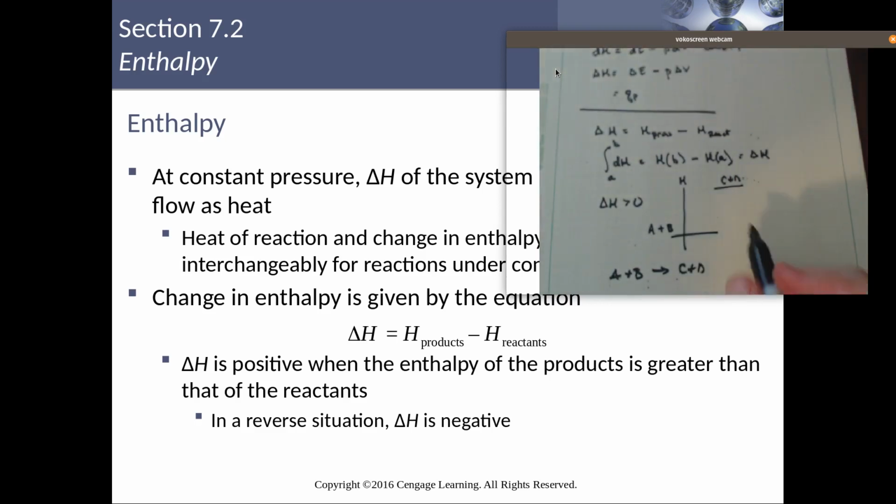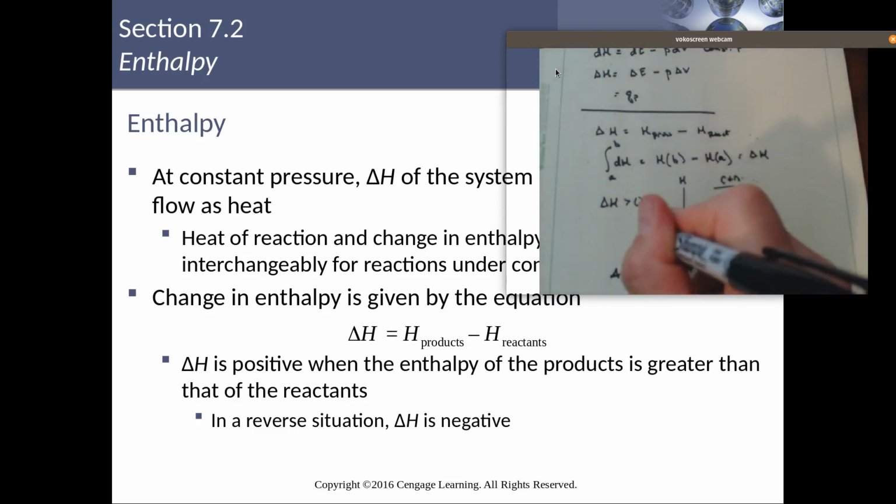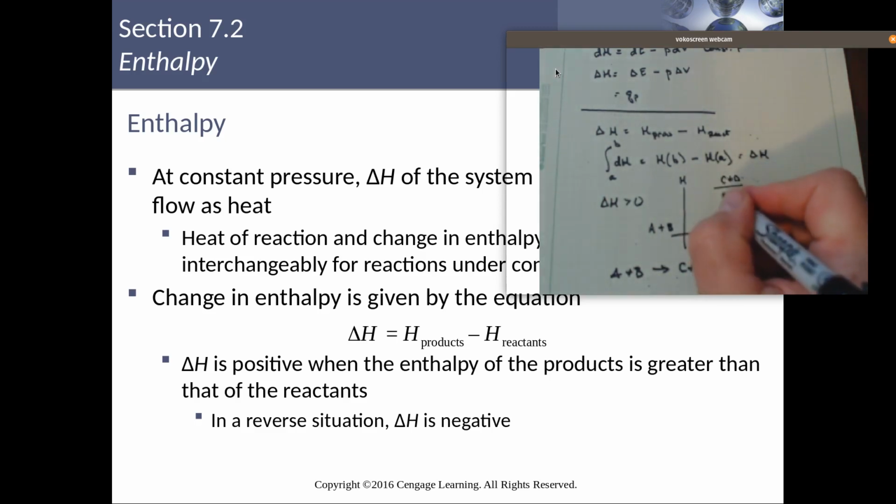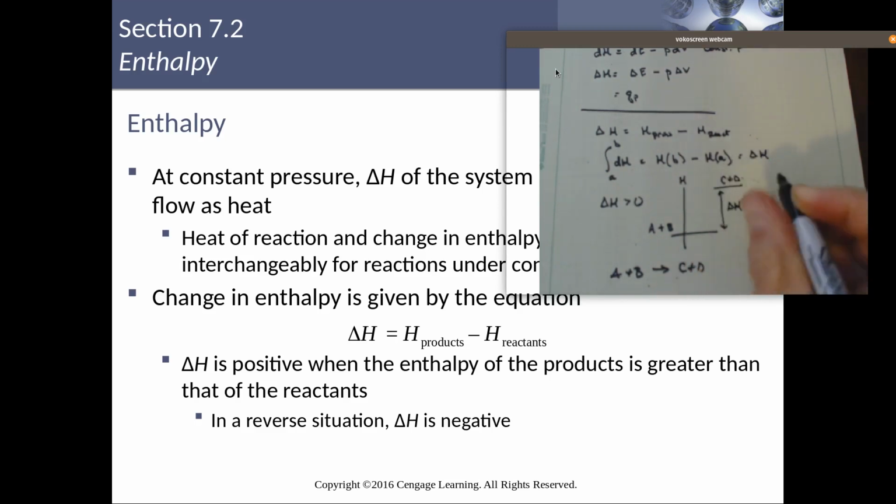I have an enthalpy for A, B, C, and D, and importantly, an enthalpy for A plus B and an enthalpy for C plus D, and this is the delta H. So I've gone from here to there, and so clearly heat was added to the system. I had to put heat into the system.